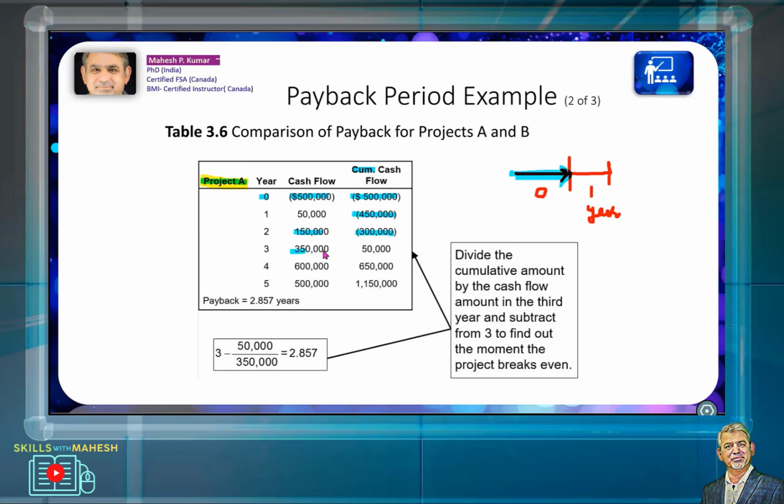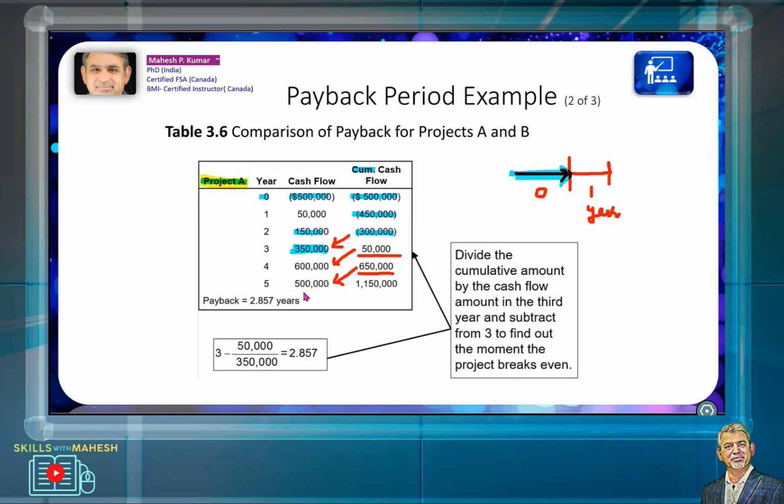And in the third year you made a revenue of 350,000. So you are now going into plus, because your investment was still out there, worth 300,000, and you made a revenue of 350,000, and now you are in the plus area. And then on top of 50,000 you made 600,000 more, and now you are into 650,000 plus.